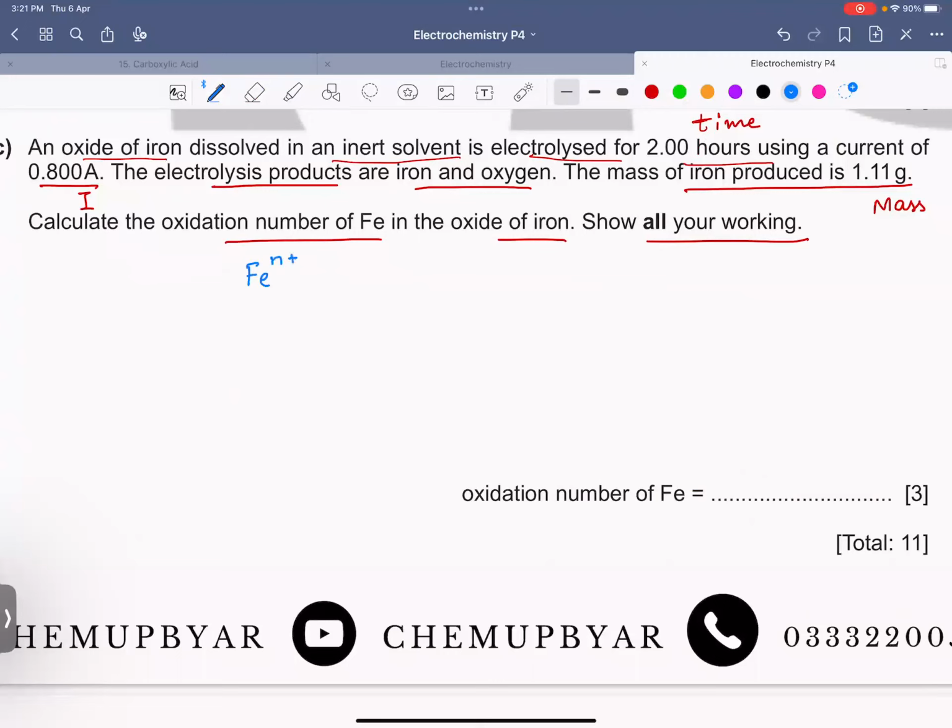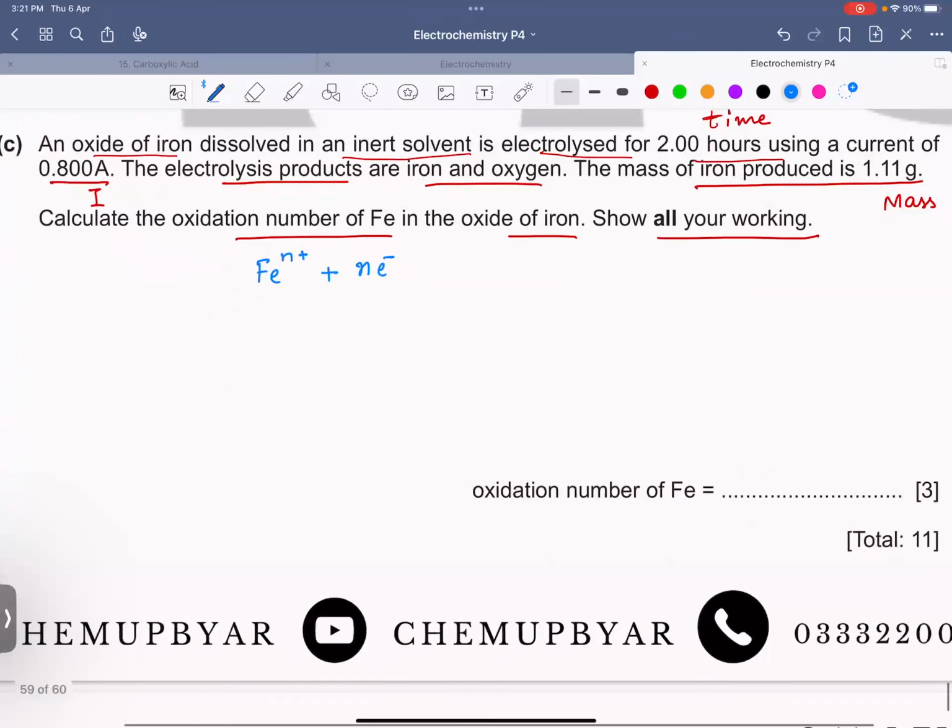I don't know the charge. What is the oxidation number of iron? So I can put an n plus, which can be 1 plus, 2 plus, 3 plus, 4 plus. If it is getting reduced at the cathode, how many electrons will it gain? n number of electrons. And as a result, 1 mole of iron is deposited.